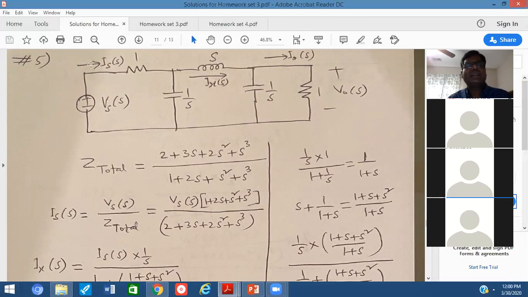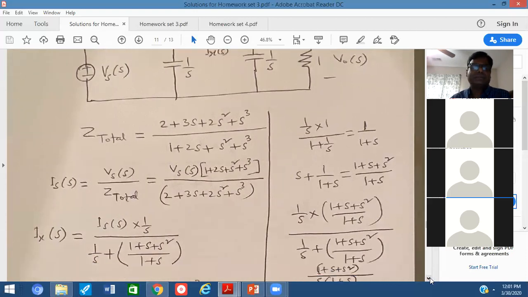Once I get the total current, then I am applying the current divider rule. Something is going this way and something is going that way. I want to find this one, I have given the name IXS. So IXS is the total current multiplied by this one, divided by this plus the whole combination of this one.